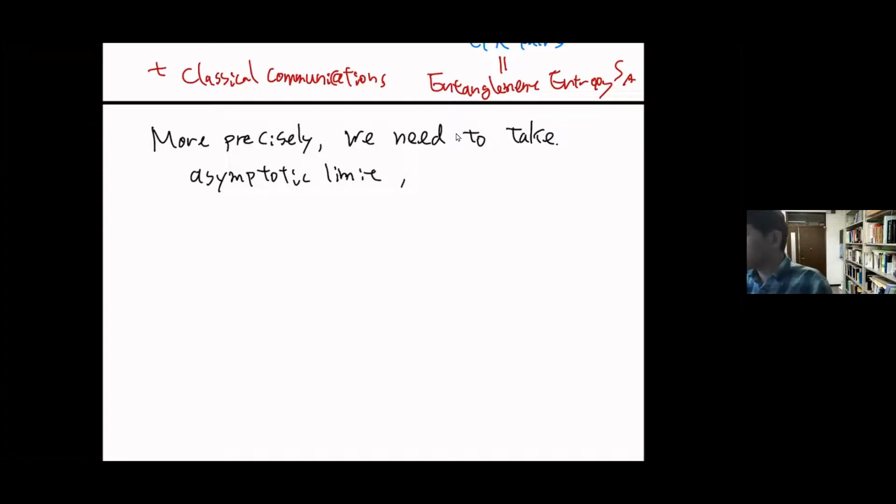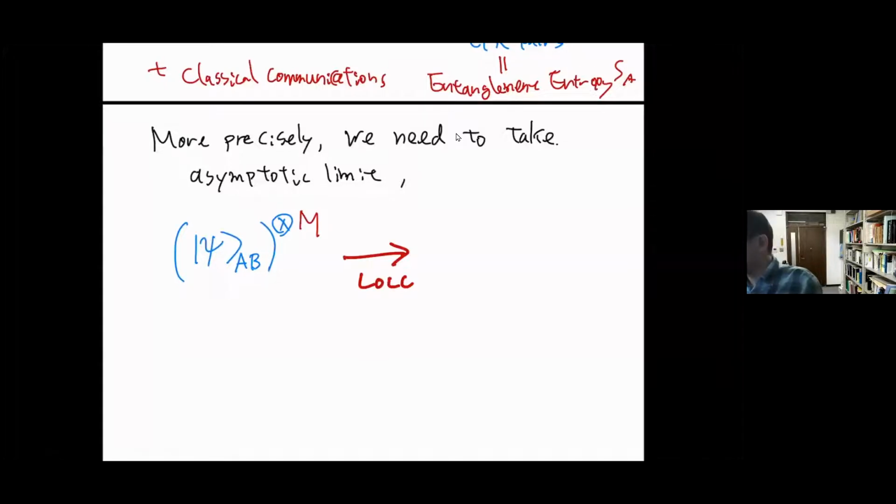What does this mean? We have some state, a pure state AB, but we have to take some M copies of this, and then we act with some LOCC, and in the end we extract some EPR pairs.